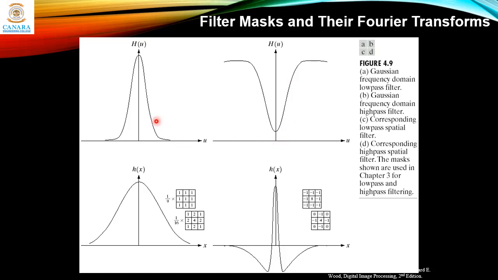If you consider their equivalent filters in the spatial domain, you have this one, the low pass spatial filter, which is basically an average or weighted averaging filter, and for a high pass filter, you have a Laplacian filter, with different masks here. These are the duals in the spatial and frequency domain.